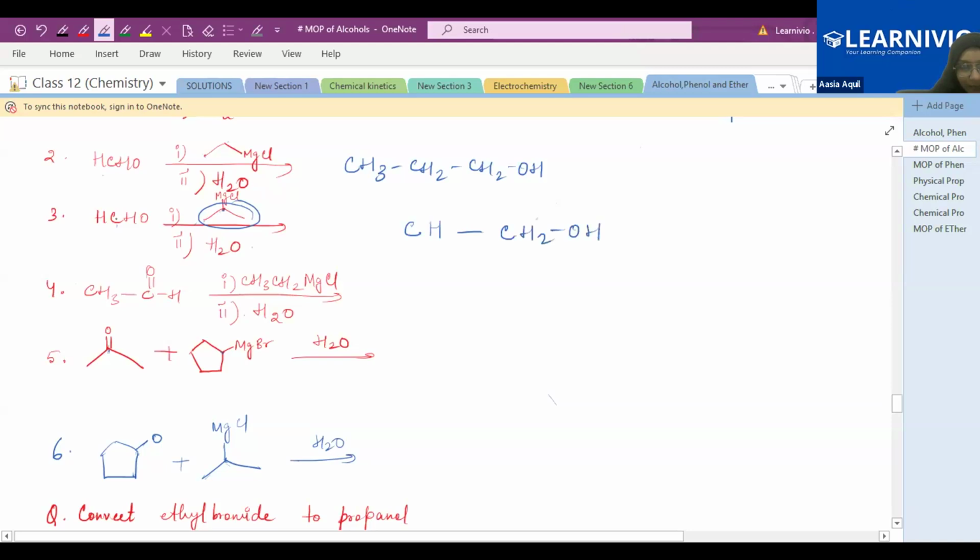Okay, this aldehyde CHO will be converted to CH2OH, and this group you attach to this carbon. So it will be CH. This is your CH, this part. Suppose this is the first carbon, second carbon, third carbon. So this is the second carbon, CH group. On the first carbon, a 2-methyl group is attached, CH3, and here the C. Okay, so that's your product. That's your product. 1, 2, 3. Okay.